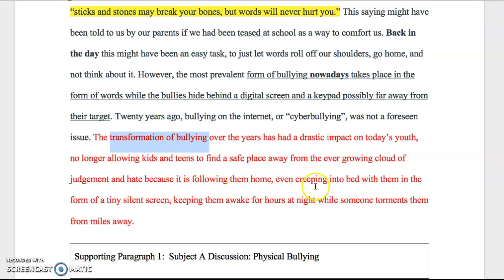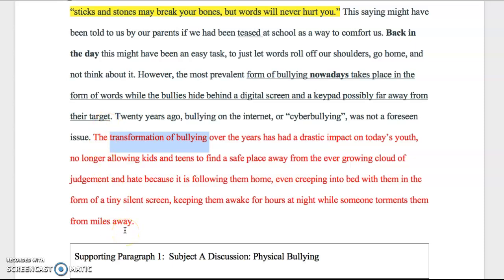But today, it's actually a lot worse because it's creeping into our beds with our computer screens and our cell phones, and you really can't get away from it. And there's lots of effects. So again, hook, background information that names the subjects and describes either the comparison or the contrast. Then you're going to put your thesis in.